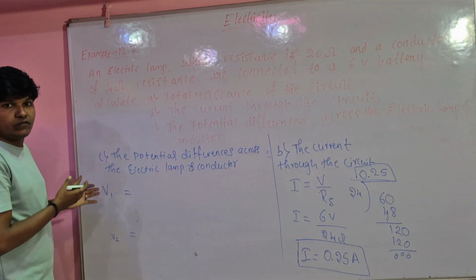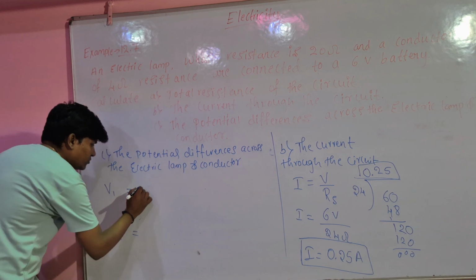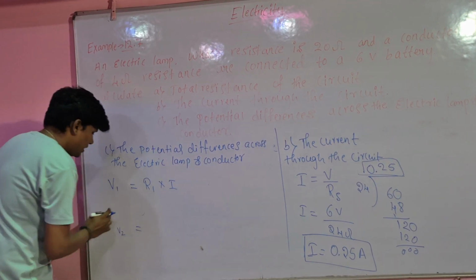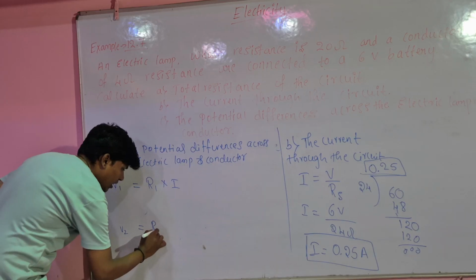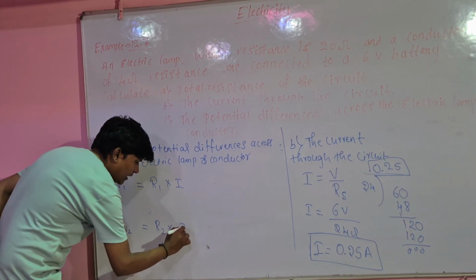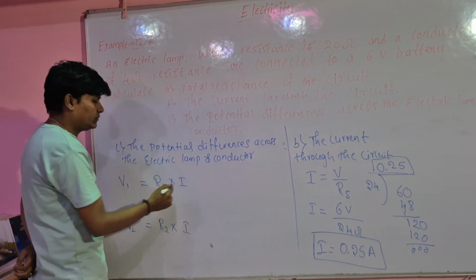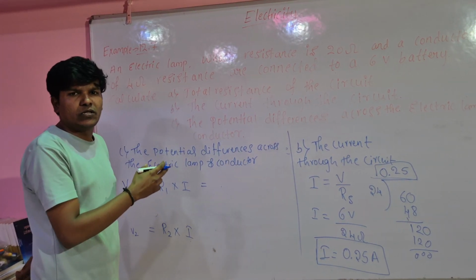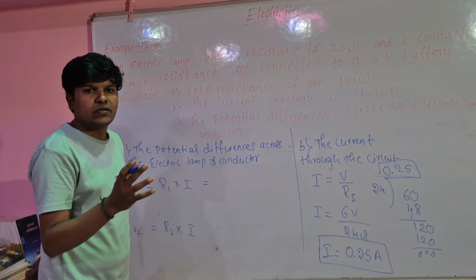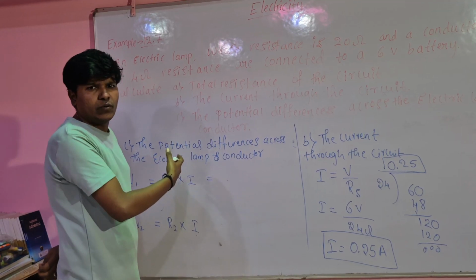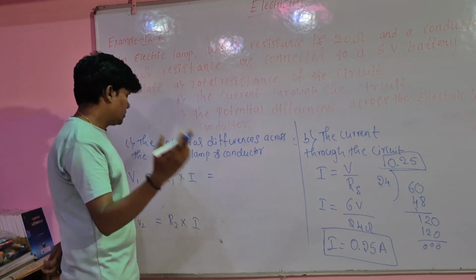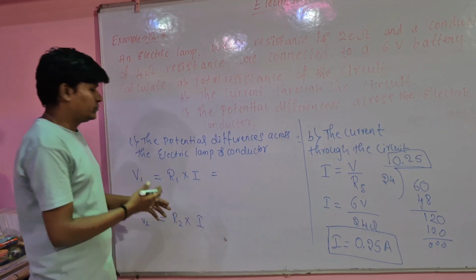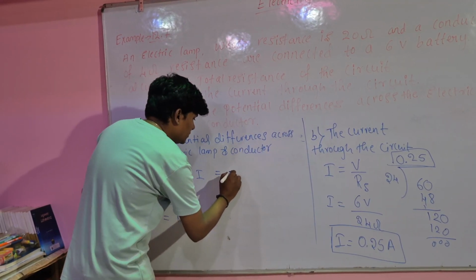V1 is equal to R1 into I, and V2 is equal to R2 into I. And we know R1. Sorry, R1 is 20 ohm. I also forgot that.